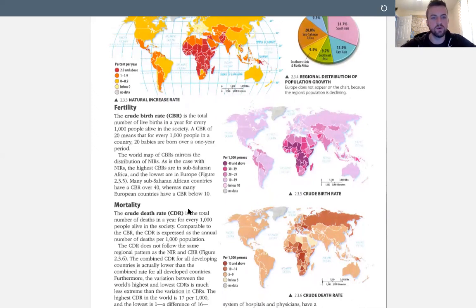As is the case with natural increase rates, the highest crude birth rates are in sub-Saharan Africa, and the lowest are in Europe. Many sub-Saharan African countries have a crude birth rate over 40, whereas many European countries have a crude birth rate below 10.